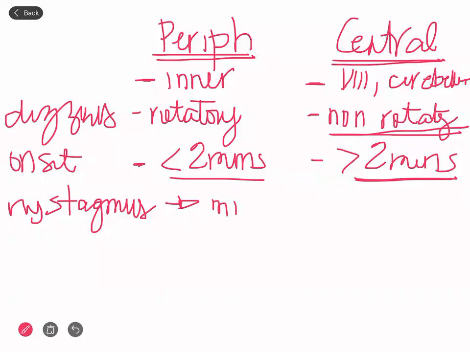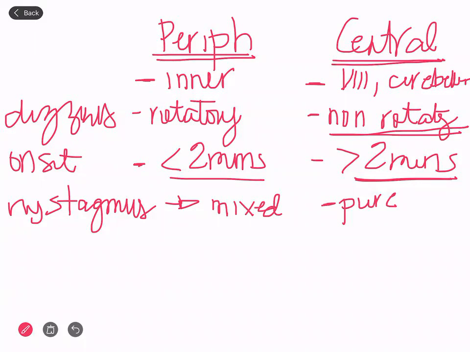When we see mixed type of nystagmus, you can actually see horizontal nystagmus or vertical nystagmus. Okay, but for central, they are always pure. So exclusively, there should be only a horizontal nystagmus or a vertical nystagmus.